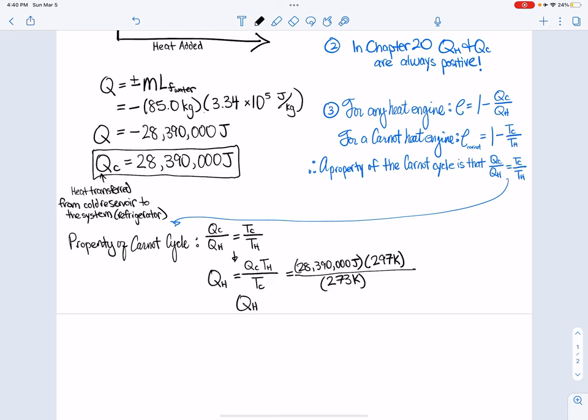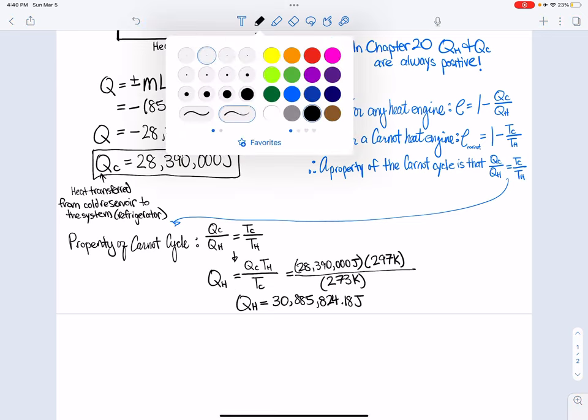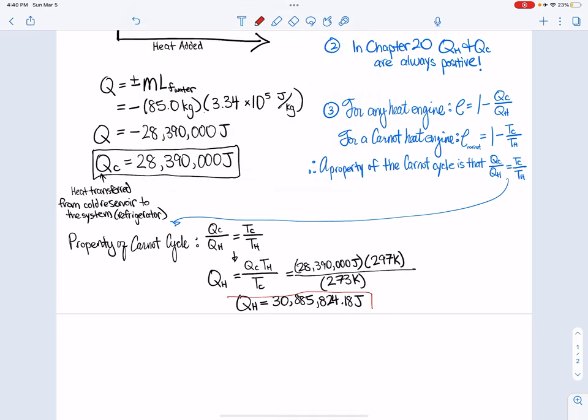And my final answer for part A is that my hot heat transfer is equal to 30,885,824.18 joules. All right, and that is my answer for part A.